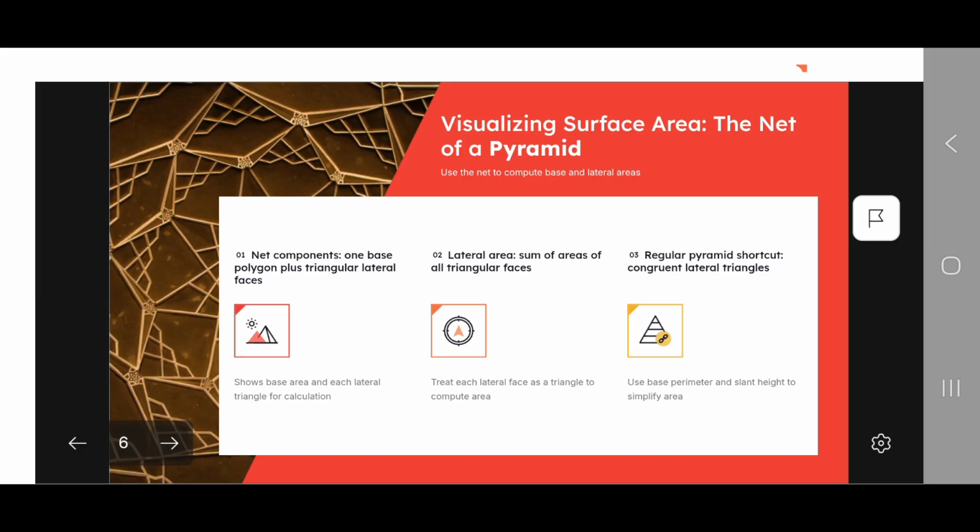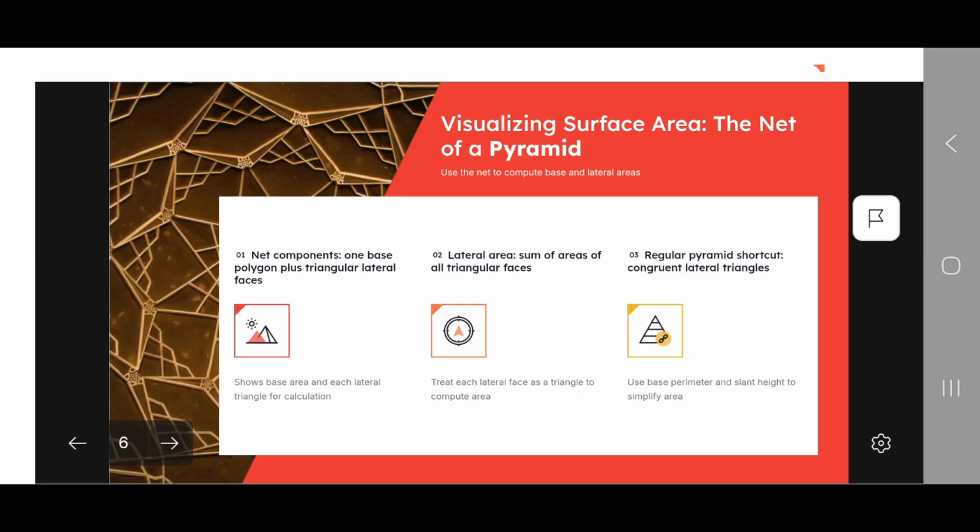The lateral area is the sum of the areas of all triangular faces. So treat each lateral face as a triangle to compute its area.